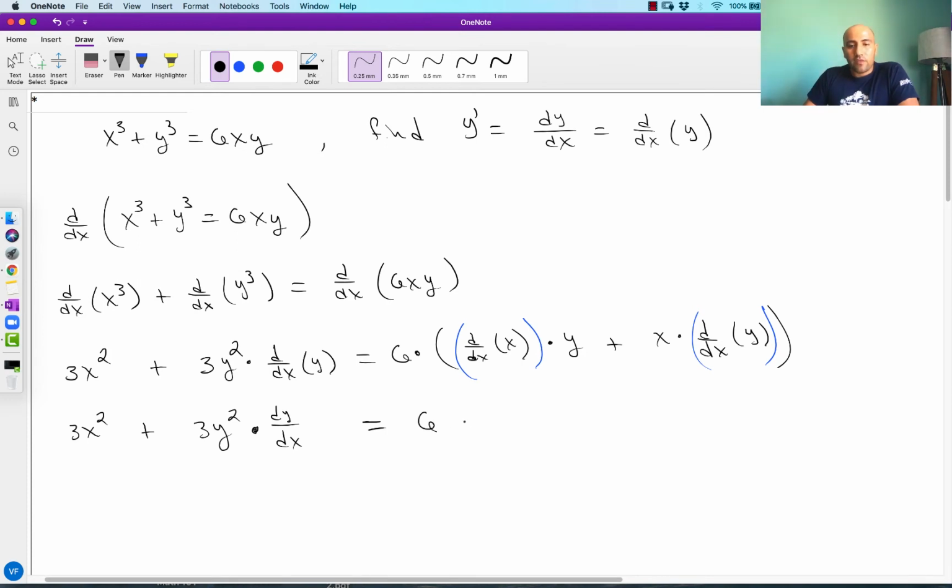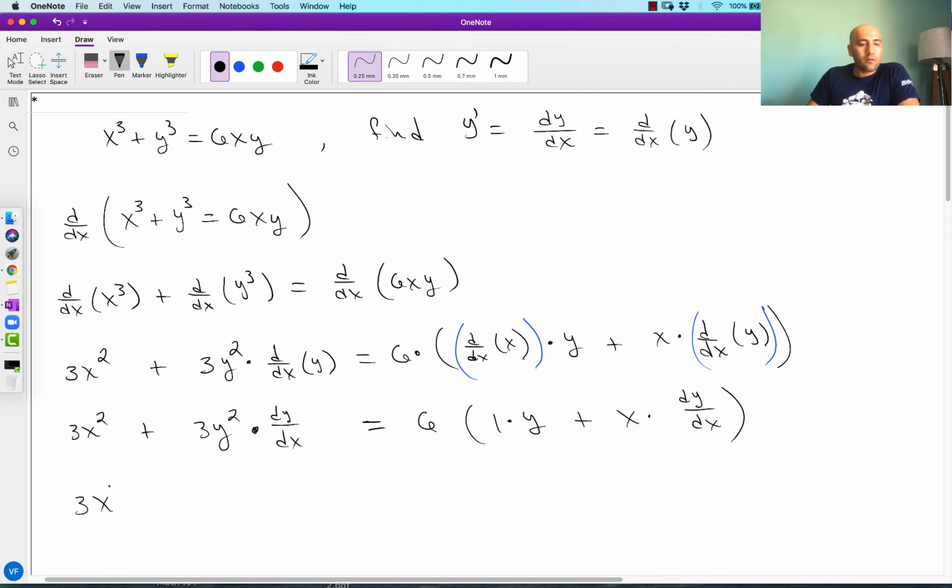Okay, so now this side would be 6 times. Now the derivative with respect to x of x is just 1. So this would be 1 times y plus x times, and again, that's just going to be that dy dx. Good? Okay, very messy. I'm going to go back to the y prime notation because otherwise, to me, this looks kind of messy.